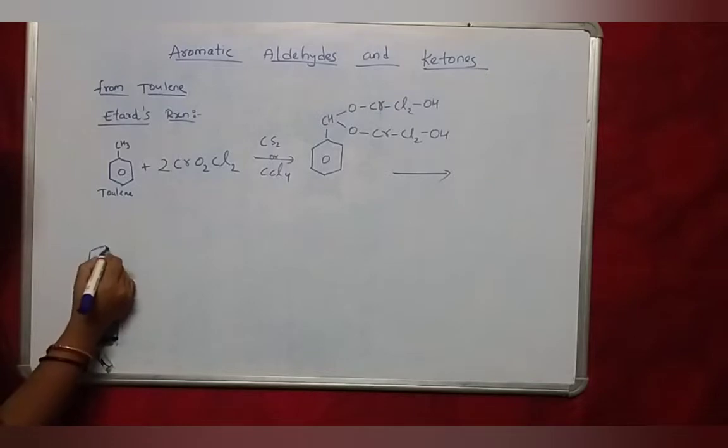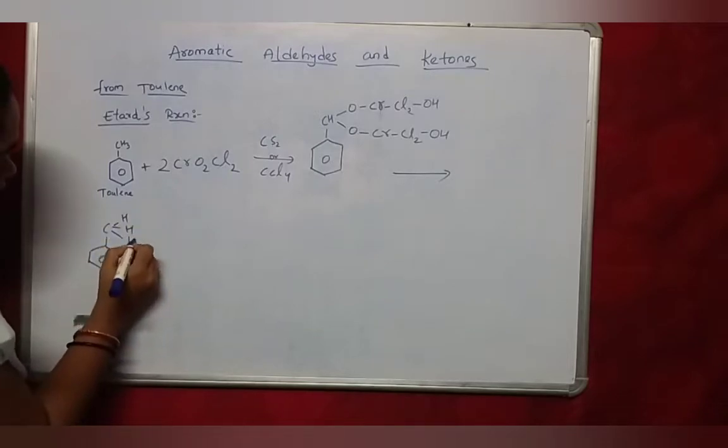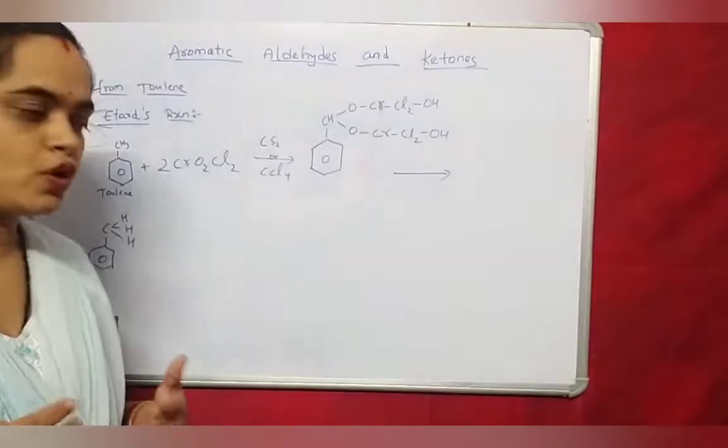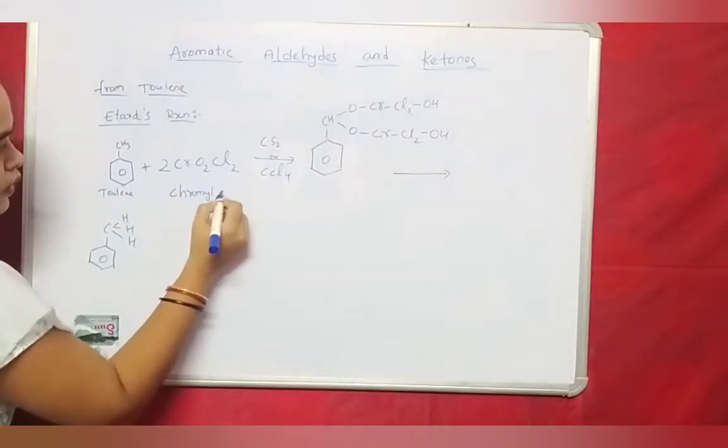This is toluene. I have drawn the structure of toluene, CH3. This is toluene treated with two molecules of chromyl chloride. What is this? This is chromyl chloride.